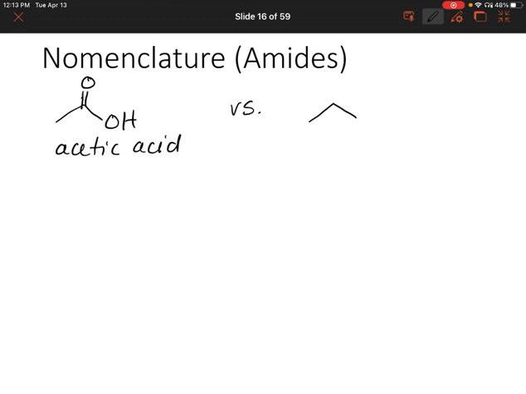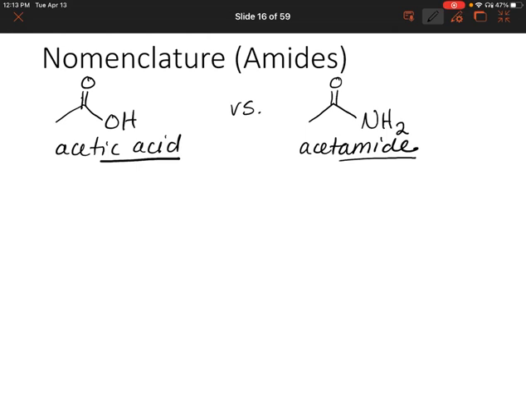In particular, we're going to convert this into a primary amide, which means that the nitrogen is only bonded to 1 carbon. So to name that amide, we're going to replace ic acid in acetic acid with amide. So super easy. So acetamide.